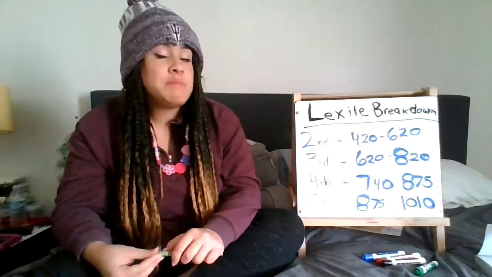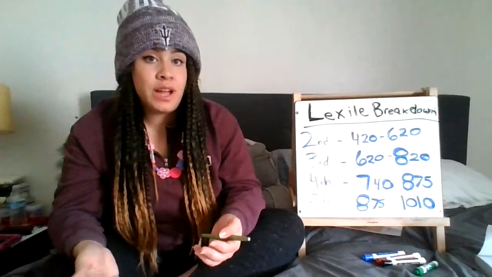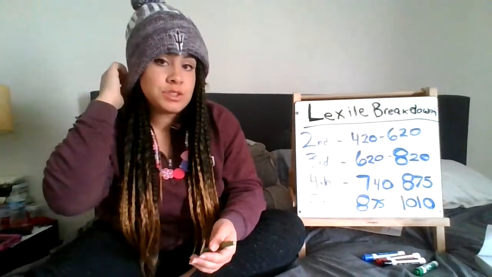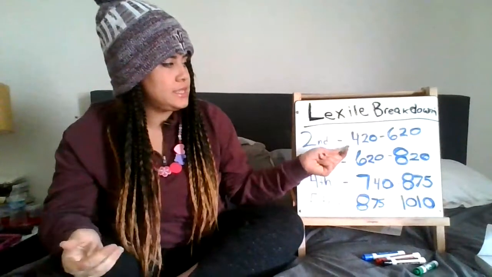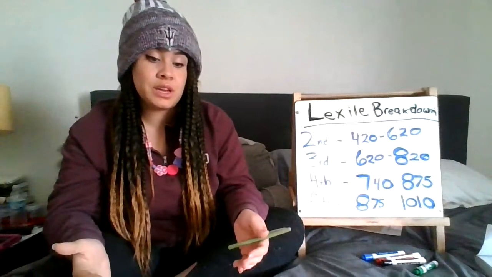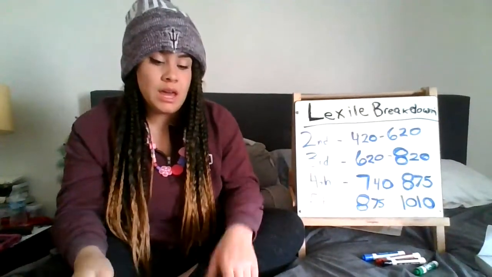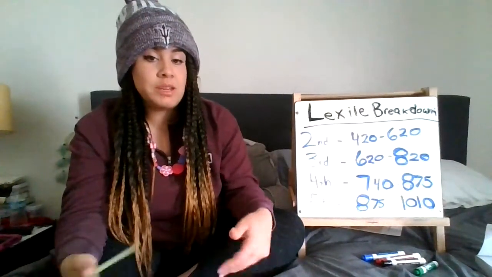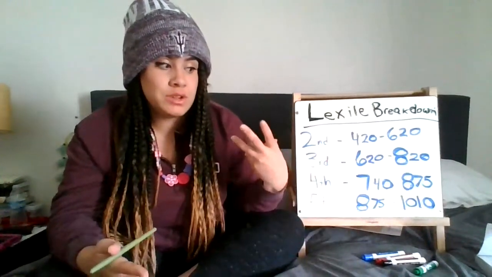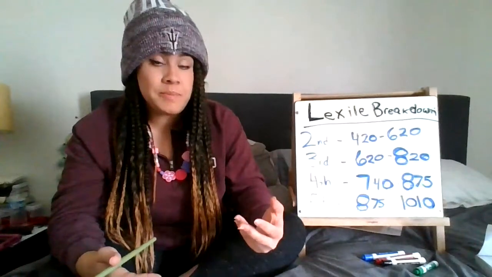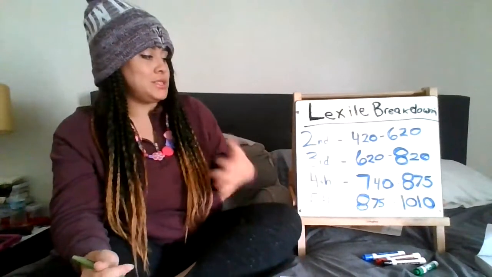The reason for that is I'm trying to get them ready for 6th grade. So parents, you can use your own discretion. If you print out a text and you feel like it's way too easy for your kiddo, go to the next grade level. There is nothing wrong with that. The most important thing is that they are being challenged and that they're actually being forced to think about what they are reading.